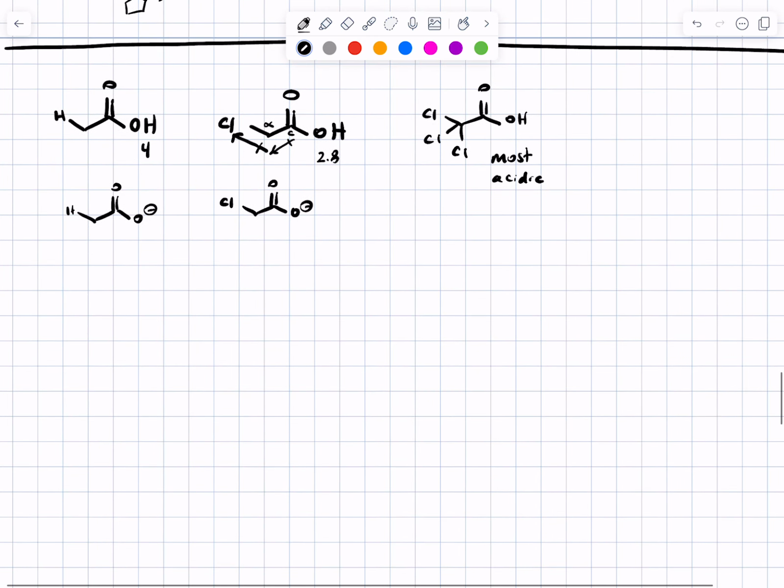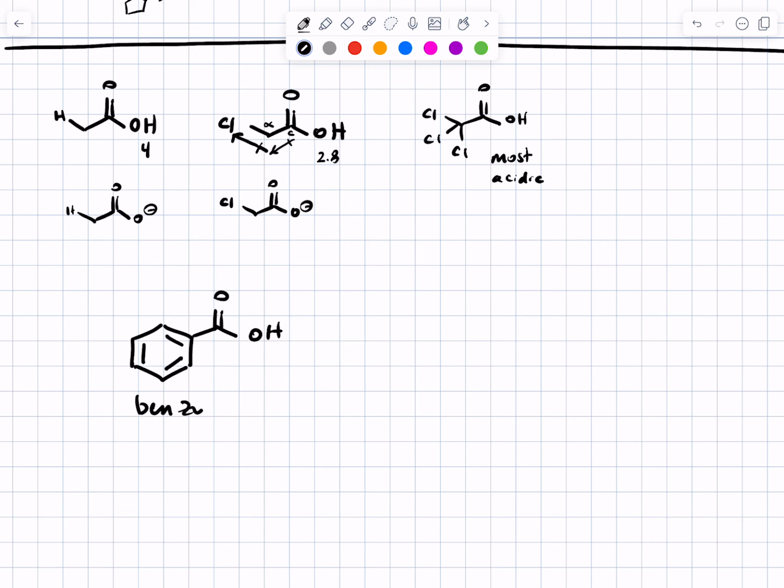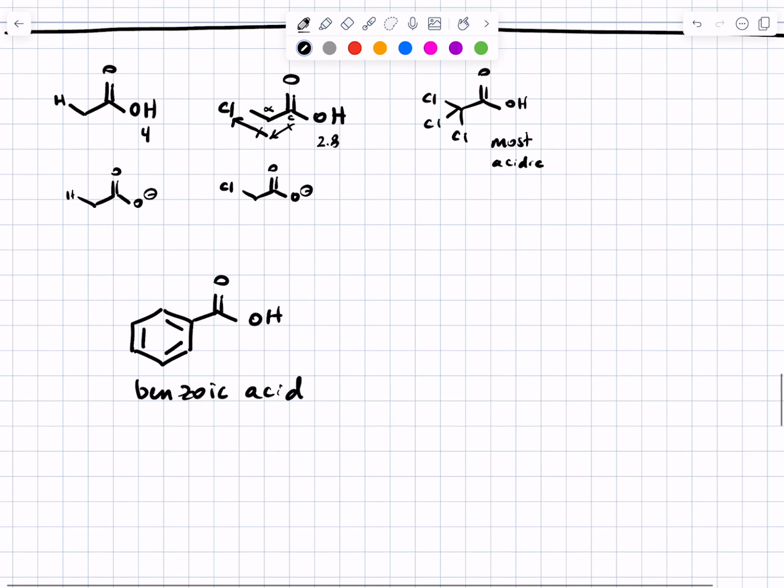Another place that this shows up in your text is when thinking about benzoic acids. So this carboxylic acid is called benzoic acid. That's where the benzene ring is directly attached to the carbonyl carbon. Functional groups on the benzene ring strongly influence acidity. So for example, putting a nitro group on the benzene ring makes it more acidic.